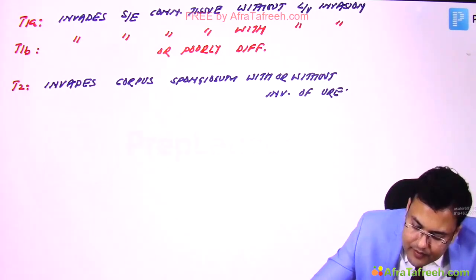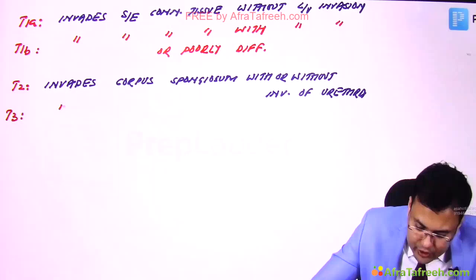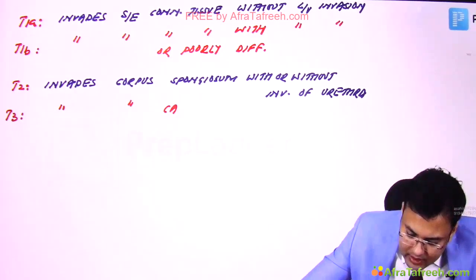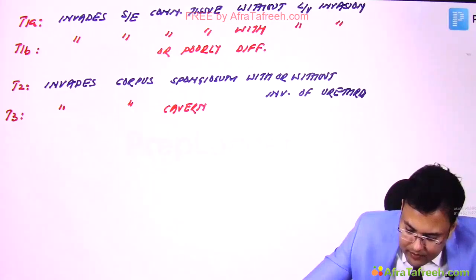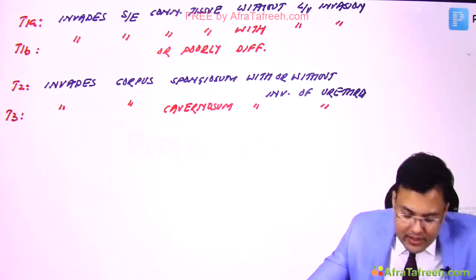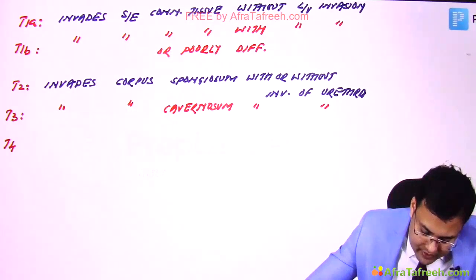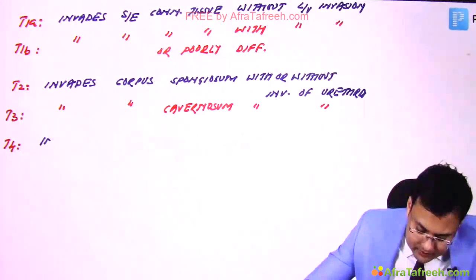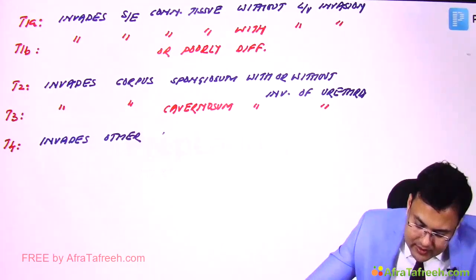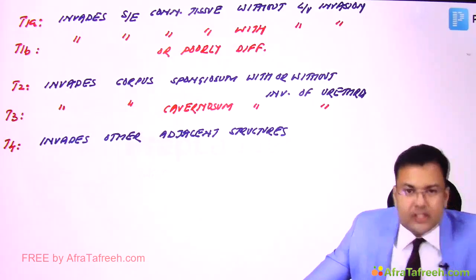Okay, and what happens in T3? Here, the tumor invades corpus cavernosum, with or without involvement of urethra, and in T4 when the tumor invades other adjacent structures. Simple. So this is T staging.